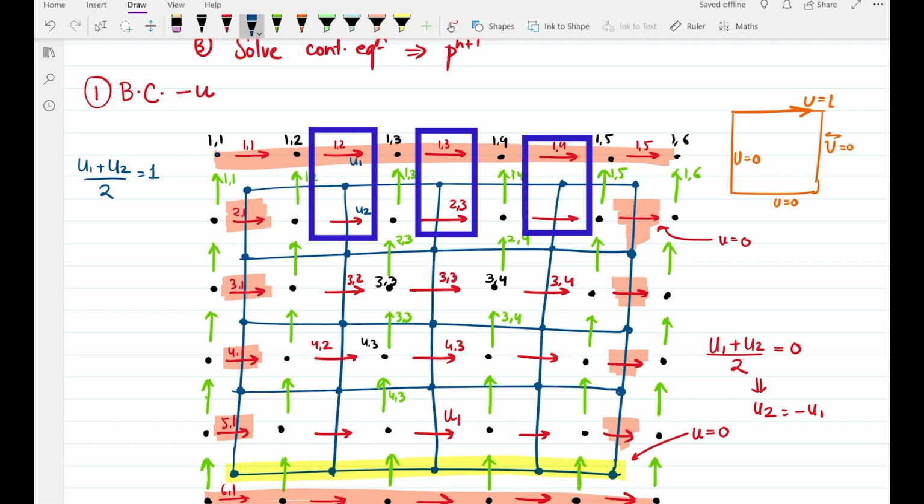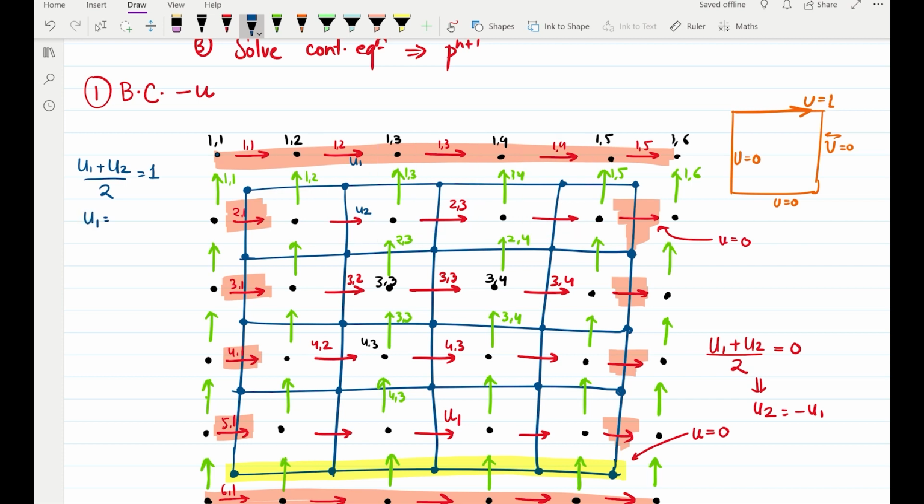So based on that, u1 here, which is the unknown, would be 2 minus u2. So in this way, we can evaluate the u velocity field in its entirety.